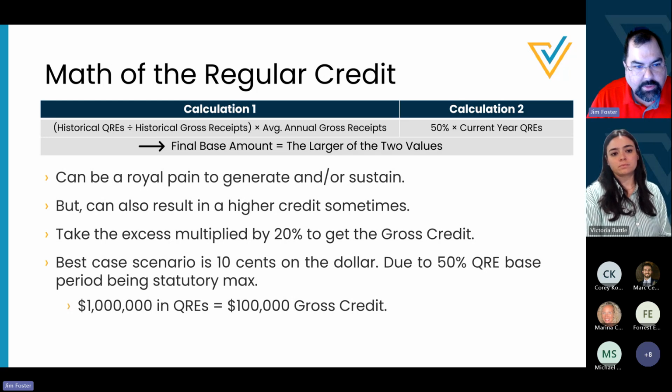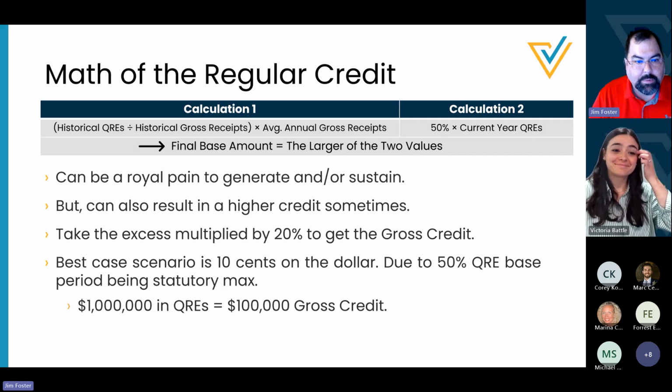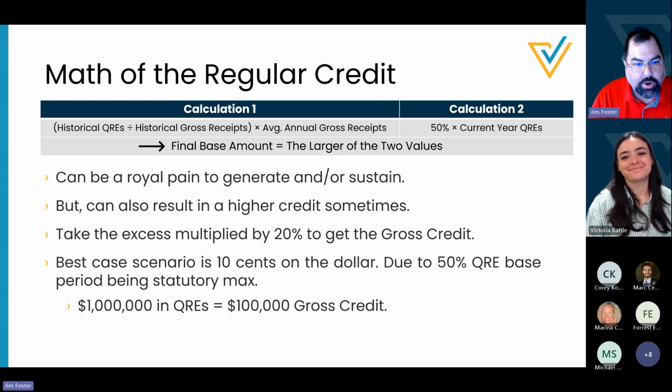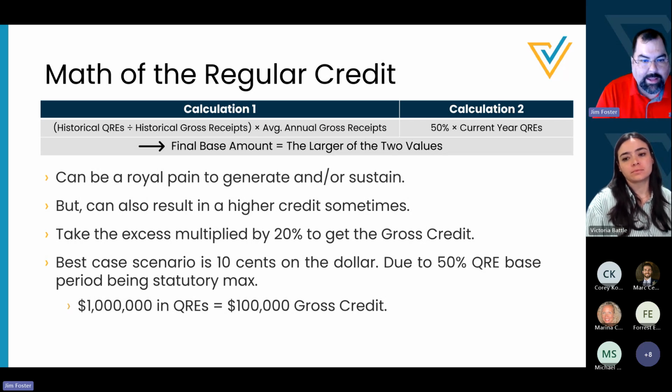Now, I mentioned that there's the 80s base and the startup base for the regular credit. Well, the 80s base, the historical period is 1984 to 1988. I'm middle-aged now, and that would put me at about ages 4 to 8 for gathering information using today's definition of what is qualified research, as well as getting the gross receipts from that time period.